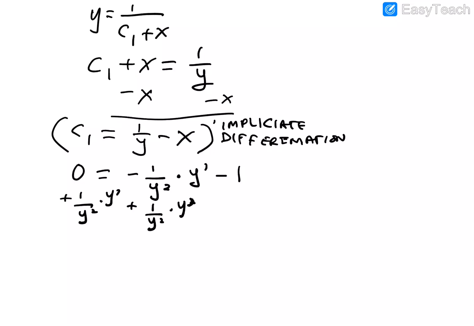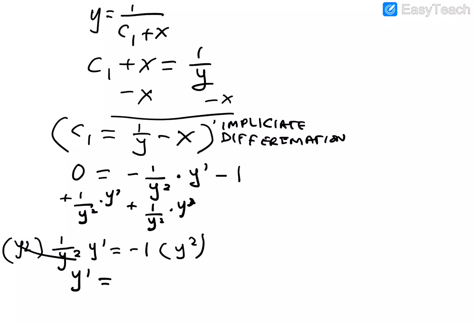Okay, so now we'll have 1 over y squared times y prime is equal to negative 1. We'll go ahead and multiply this y squared to both sides. And we'll end up with y prime equal to negative y squared.